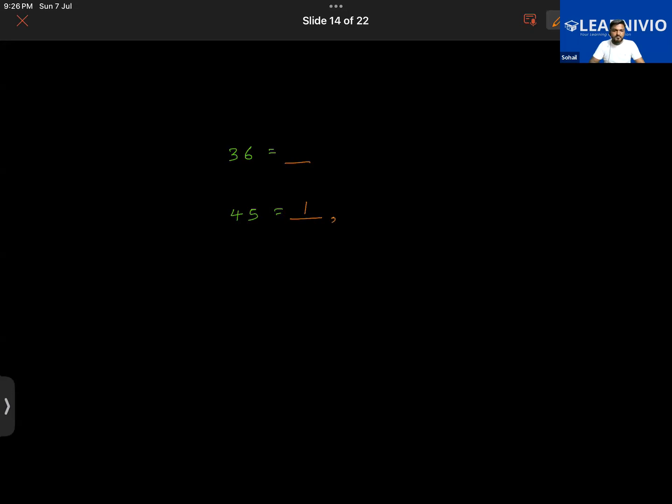Basically, find out the numbers which divide the number completely, leaving the remainder 0. Factors are the numbers that divide the number completely without leaving any remainder. Okay, so after 1 is 3.